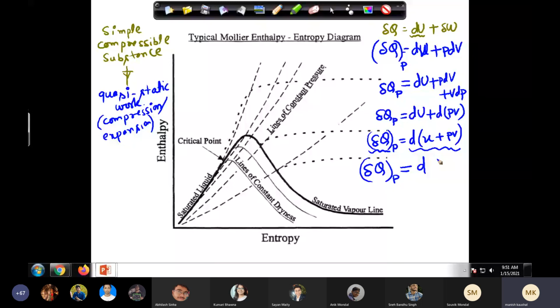So we know that if you supply heat to a simple compressible substance, I'm not writing everything, but you can revisit the lecture and make your own lecture notes. When you are supplying heat at constant pressure to a simple compressible substance, and the only work is this PV work in quasi-static mode, then the heat given to the system is equal to the change in a thermodynamic property, which we know as enthalpy.